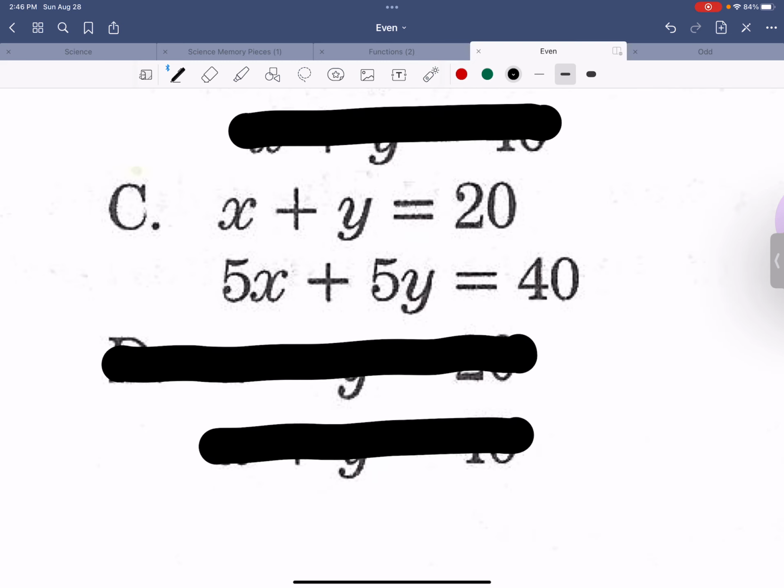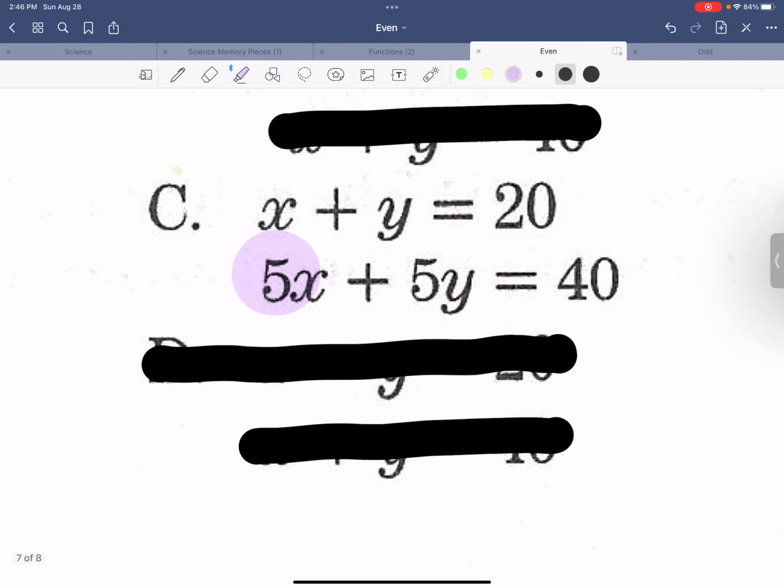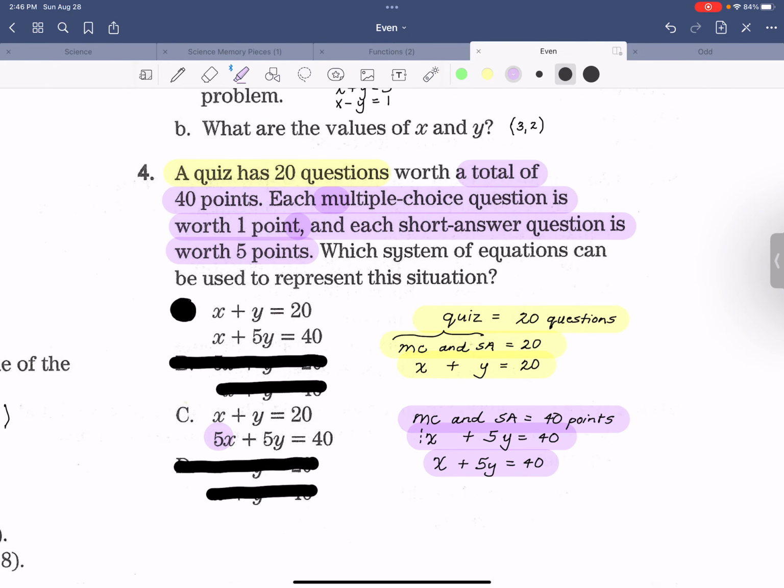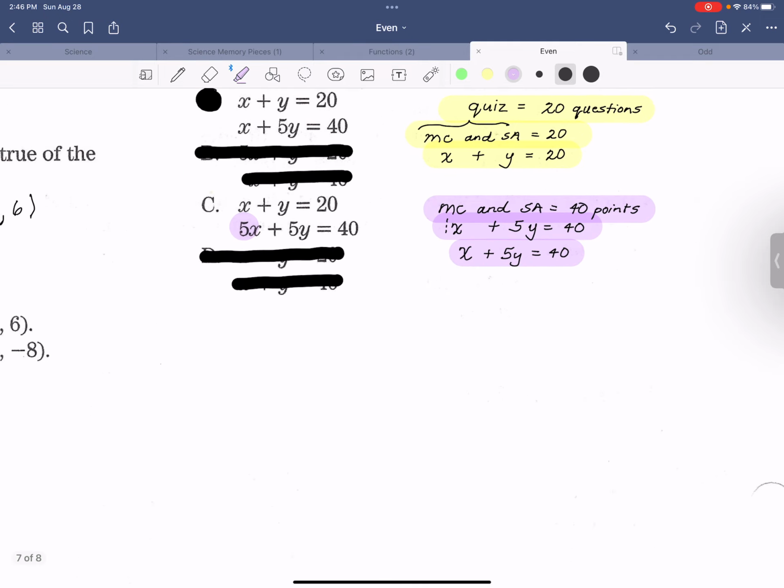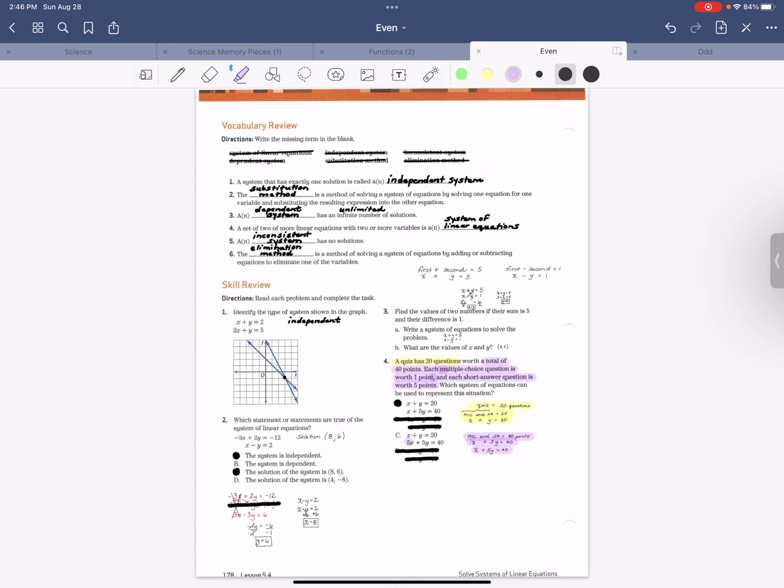This is saying right here that the multiple choice are worth 5 points and the short answer are worth 5 points. So the problem with this one is that 5 right there. Short answers are worth 5, but multiple choices are only worth 1. So number 4 should be A. And that was the end of this page, so I'm going to stop the video.